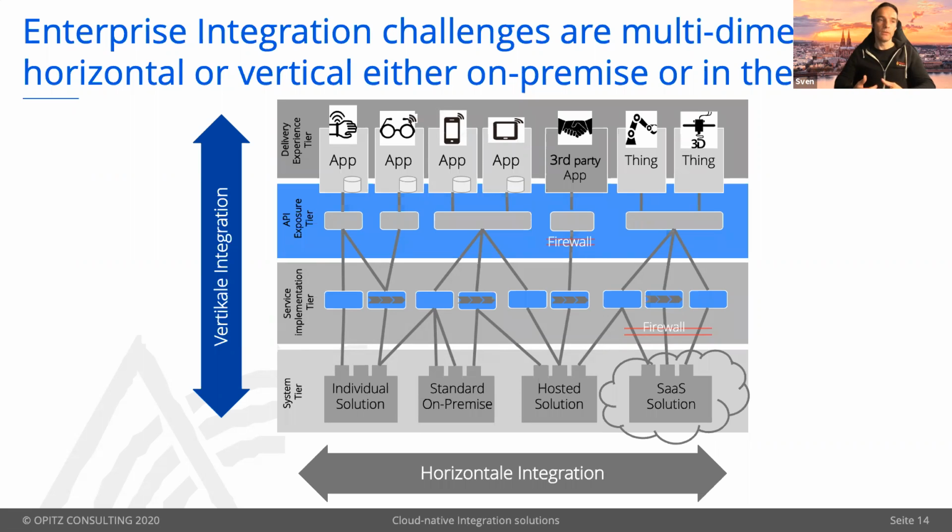Systems in the back office oftentimes do have batch interfaces. So you have a data exchange based on files, for example: exporting a file once a day and importing it to the other system. So you have a delay of synchronization.